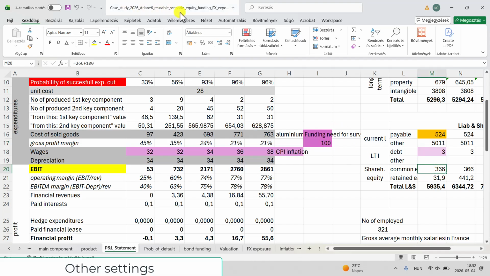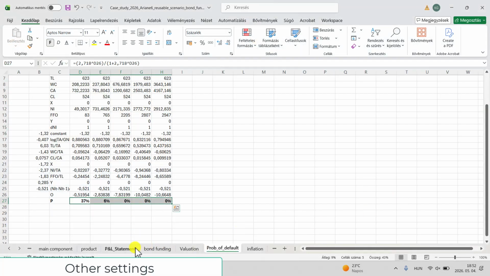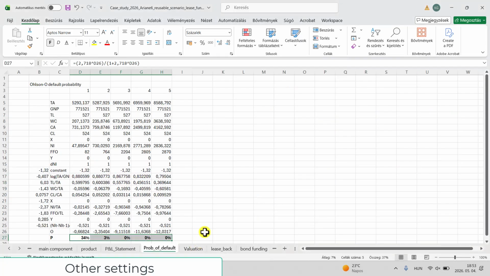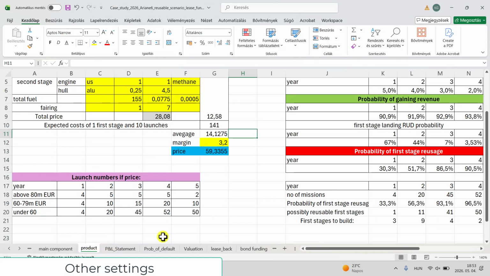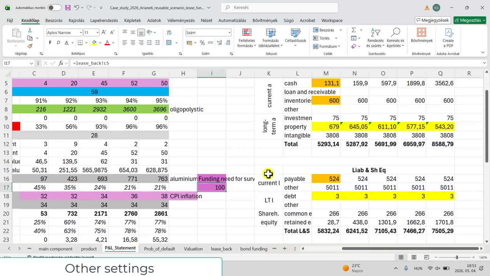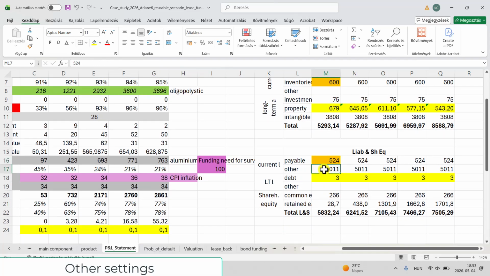So this is the equity scenario, so this money goes here. In the case of the bond scenario, this money goes here in the debt related funding. And in the case of the lease, I didn't do anything with that one.